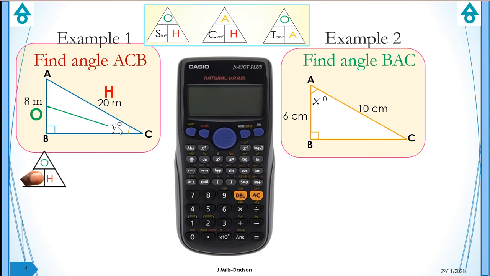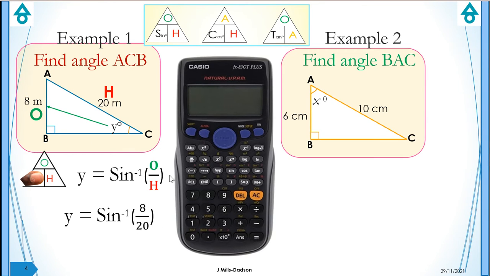That means that y is equal to the inverse of sine of the opposite over hypotenuse. Because it's the sine triangle, we are using the inverse. So y is equal to sine^-1, which is the inverse of opposite over hypotenuse. Replace O and H with the numbers, and this is what you have.